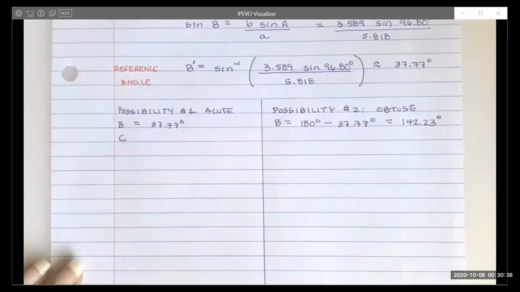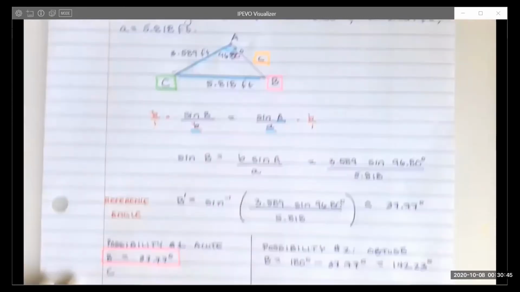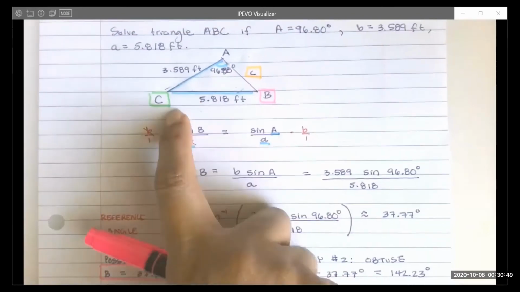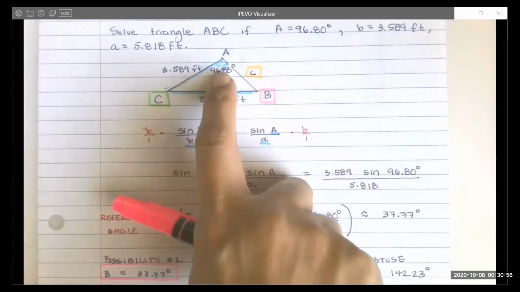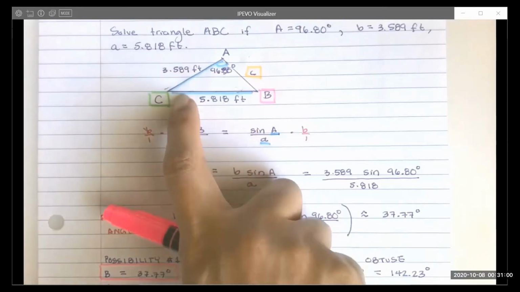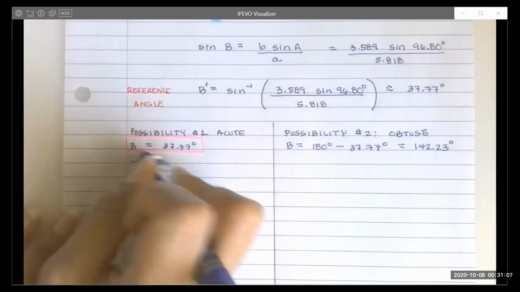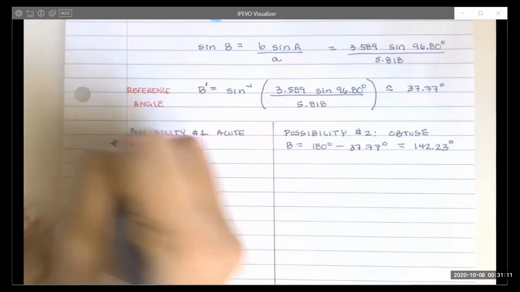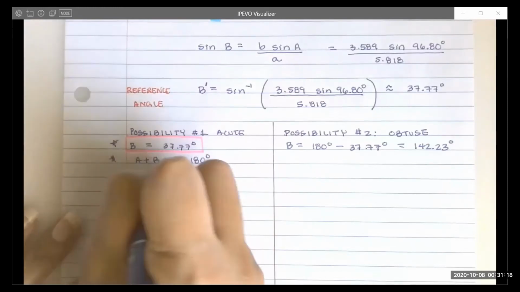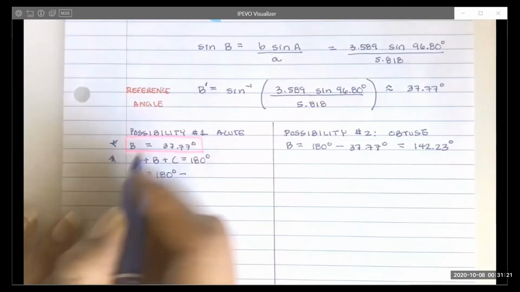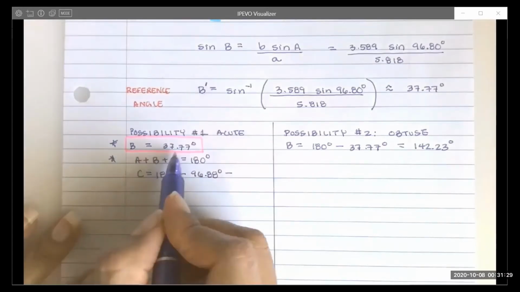We already have, let me actually box this, this is one of the unknowns, angle B. We still need to find angle C and side C. The easiest thing to find at the moment is angle C, because I have these two angles now, which means I can use the triangle angle sum to solve for angle C. So A plus B plus C is 180, which means that C is going to be 180 minus angle A, which is 96.80, minus angle B, which we just found is 37.77.